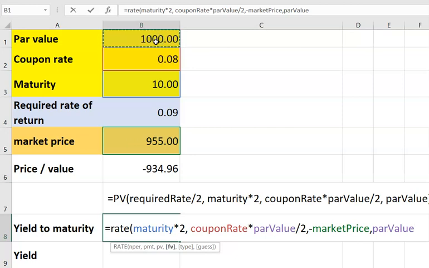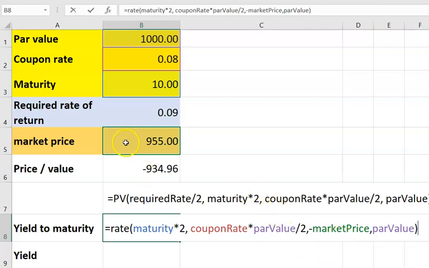We get that again. So in this equation, let's take a look at it again. 20 periods. So it's maturity times 2 because I get paid twice a year. The payments are a positive number because I'm getting the money, but only half of the coupon rate times the par value because I get paid twice a year.